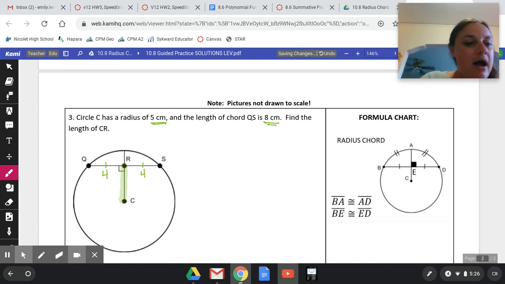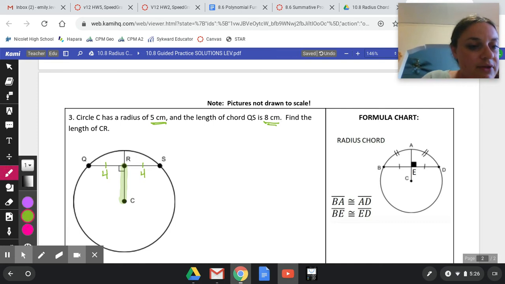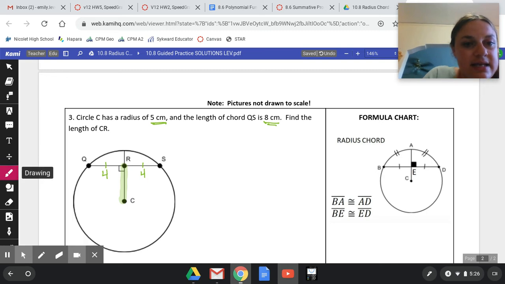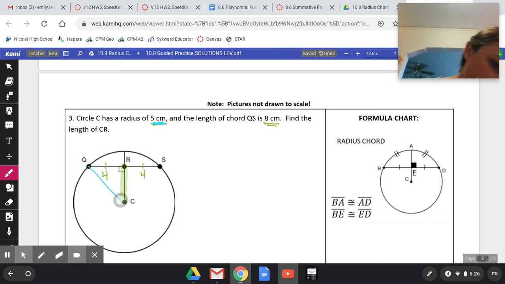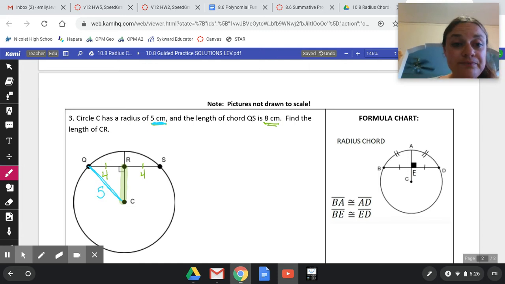Now, the way that I can use the radius in this case is my radius is 5. What I'm going to do is draw in radius QC. And I know that is 5 units long. Okay. And I am looking for the length of CR.